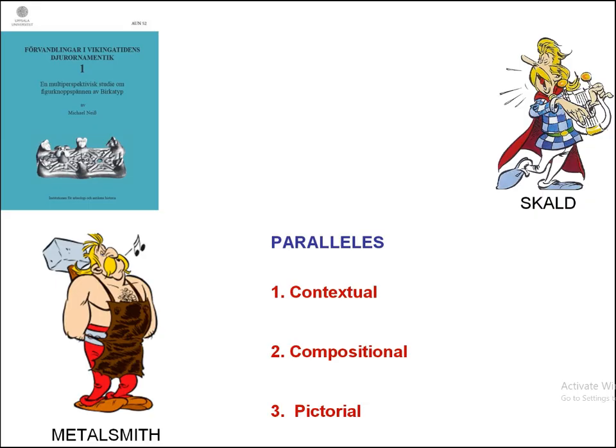Many of the metalsmiths needed a patron in order to do their art, in the same sense as a skald also needed a patron who would pay for the time that construing such a poem would take. Also, the sphere in which high-class smithing was displayed would very much coincide with the sphere where skaldic poetry was used, for instance, in the halls of the chiefs. Another parallel is of compositional nature, and a third one is of pictorial nature, which I will explain henceforth.